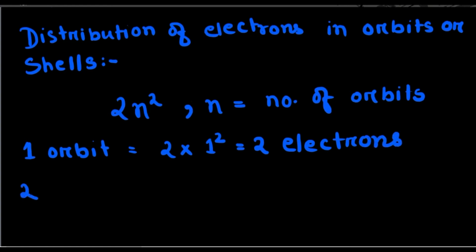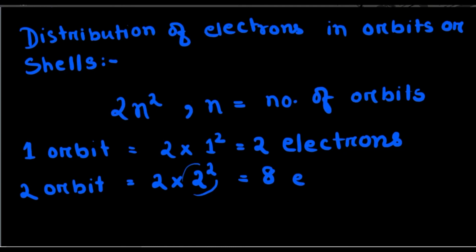So in the second orbit or L shell, the maximum number of electrons that can be accommodated is equal to 2 into 2 squared, where this 2 is the orbit number, that is equal to 8 electrons.